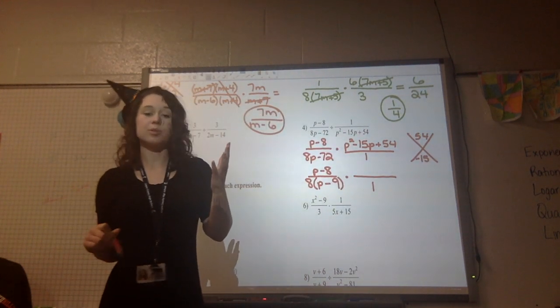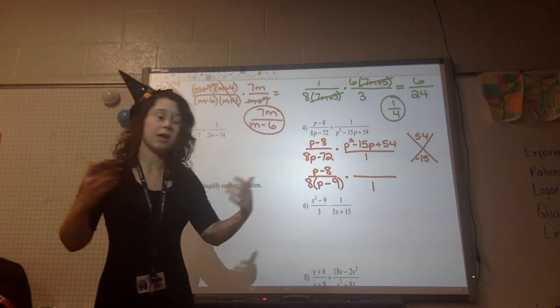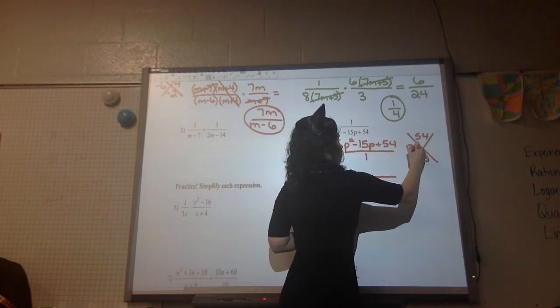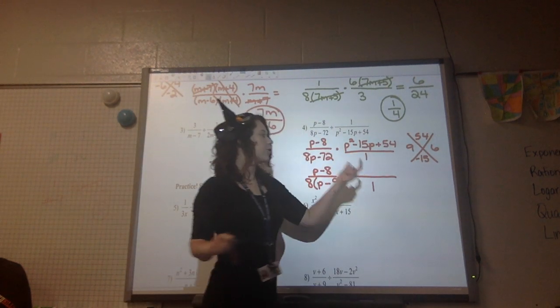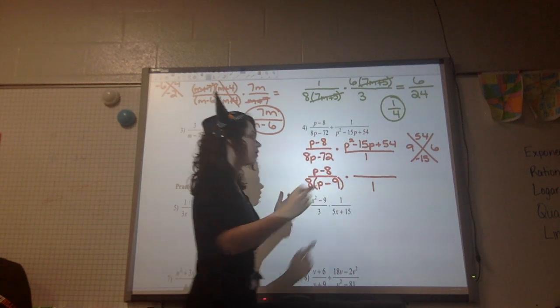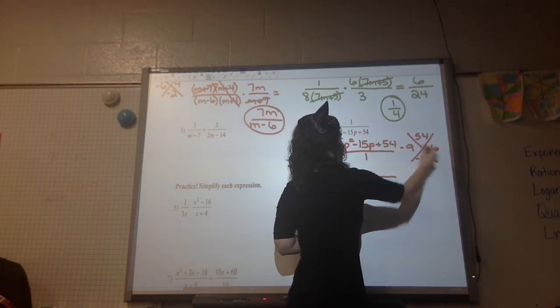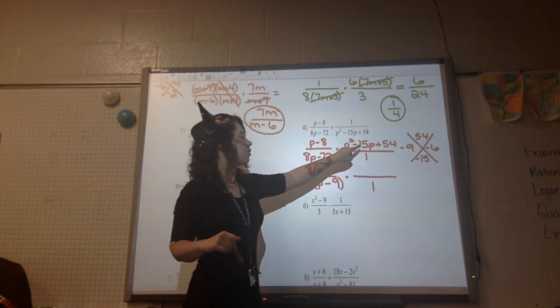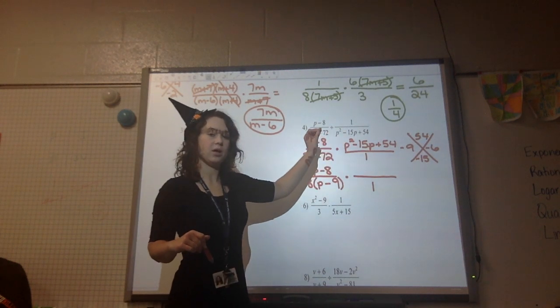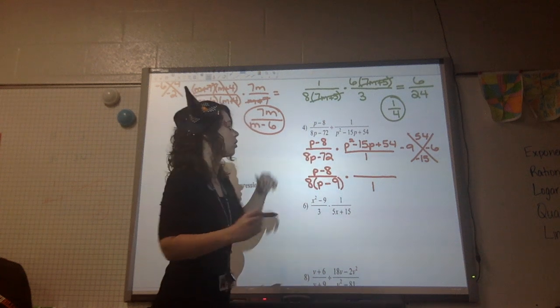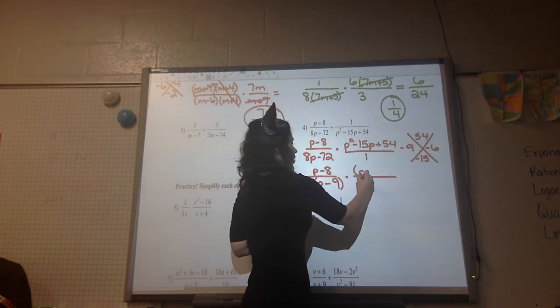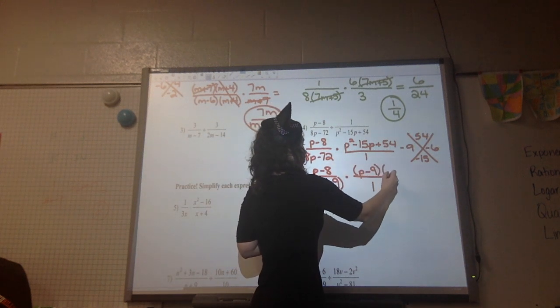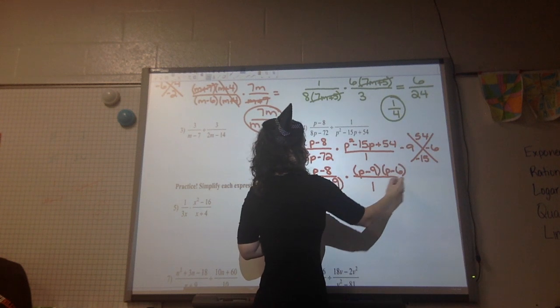So 2 numbers that multiply to 54, that would be 9 and 6. But because I want those to add to negative 15, they're both going to be negative. So now what I've just done, instead of writing p squared minus 15p plus 54, I can now write p minus 9 and p minus 6.